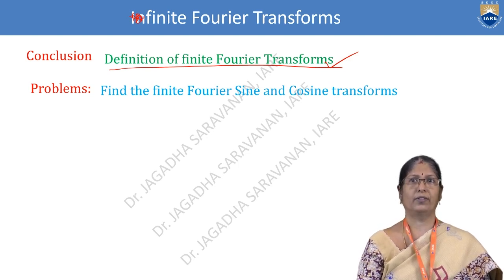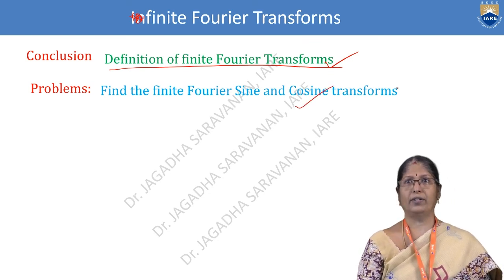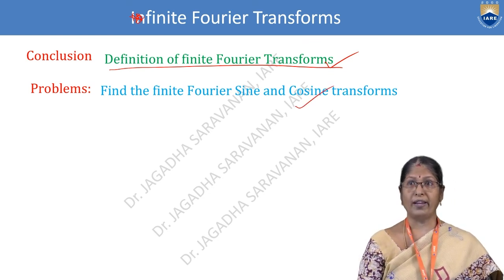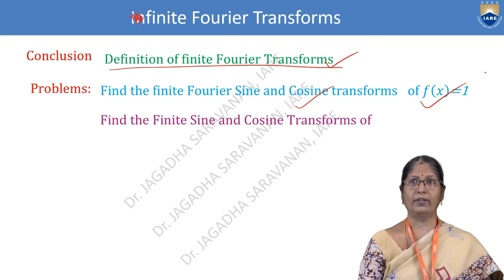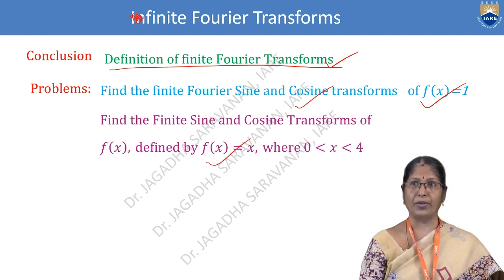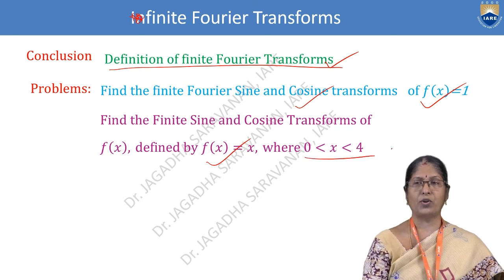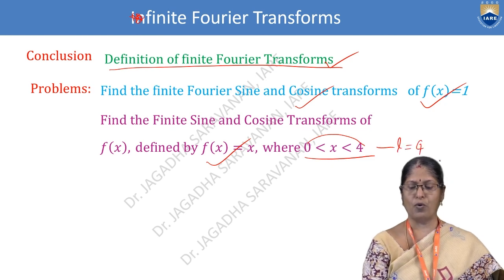The problems we selected: find the finite Fourier sine and cosine transforms for the function f of x equal to 1. The next problem, f of x equal to x for the interval x lies between 0 to 4. So here L is playing the role of 4.